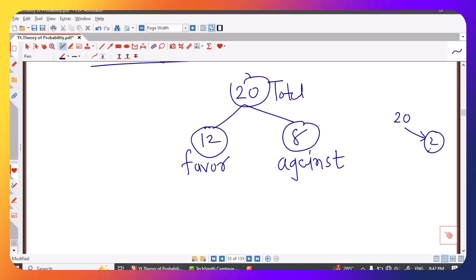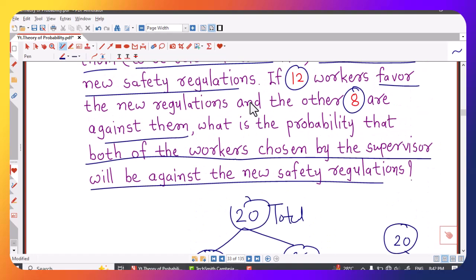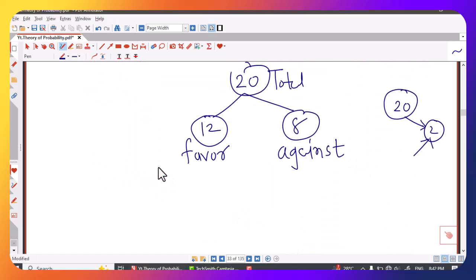Supervisor wants to take the opinion of 2 workers selected at random out of these 20 workers, and we have to find the probability that both of the workers selected will be against the new safety regulations.